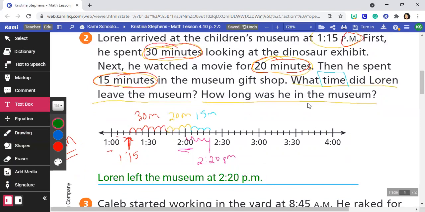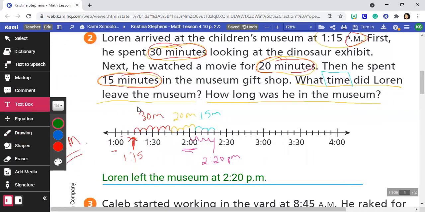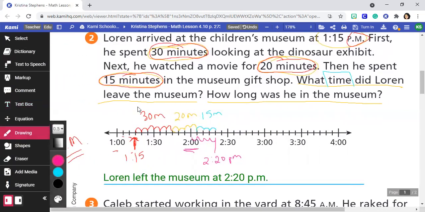The next question was, how long was he in the museum? And we're going to find that by looking at our elapsed time up here, and combining our elapsed time. This is a put together question. So I'm going to add my problems together. So how much is 30 minutes combined with 20 minutes combined with 15 minutes?